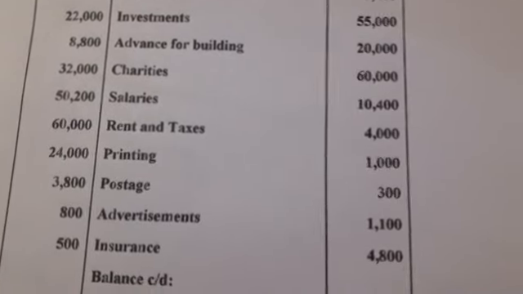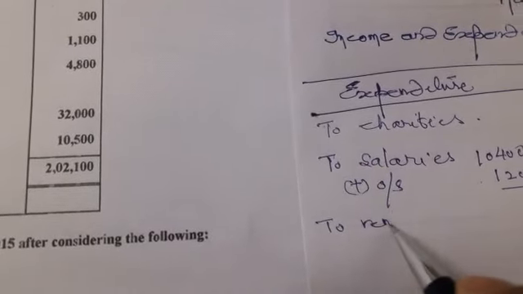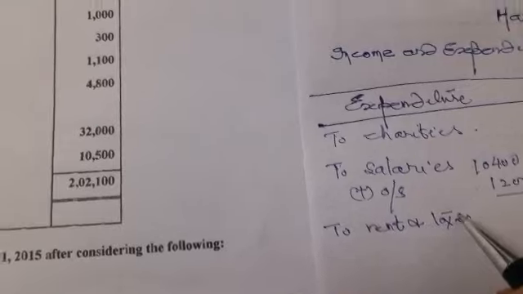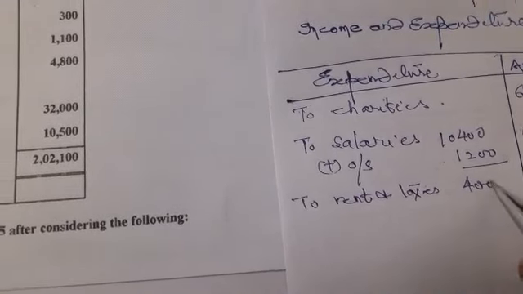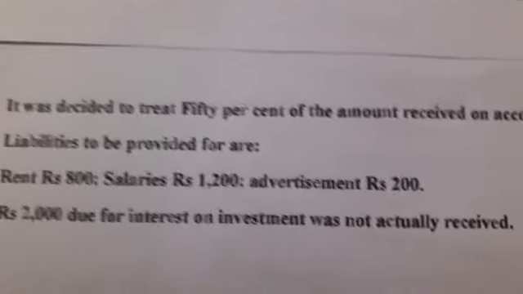Next item is rent and taxes, 4,000 rupees. Again the adjustment says rupees 800 are outstanding for rent.